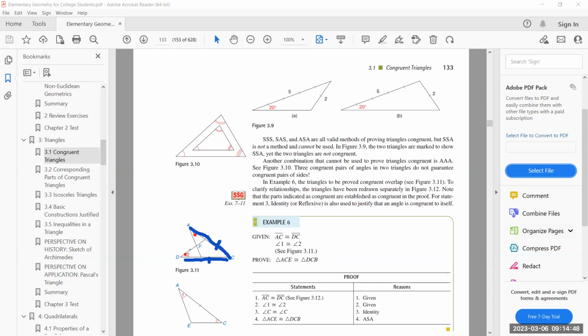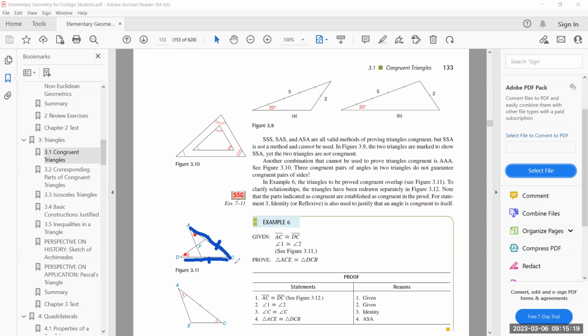So we want to prove that triangle ACE is, okay, ACE, and E is this.